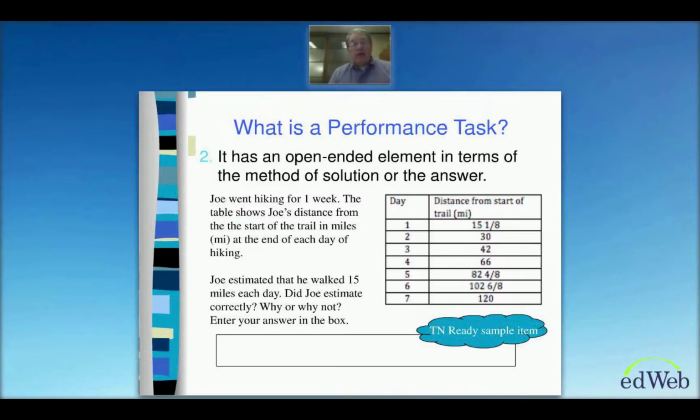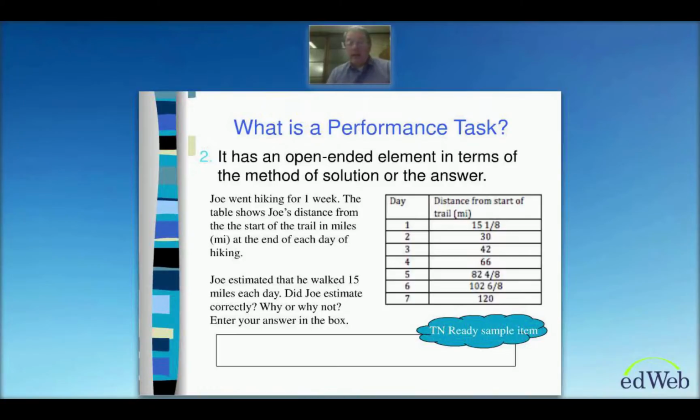And it concerns Joe going for a hike for 1 week and provides some information about what happened during that hike. Now, one of the things that's particularly different about this problem and can throw students off is that the information is not what they expect to see.